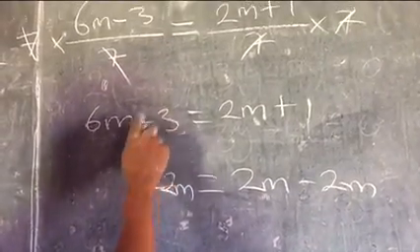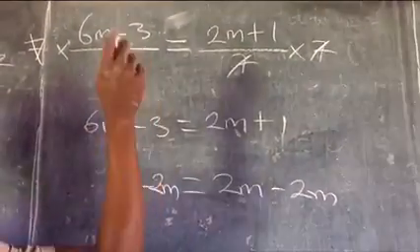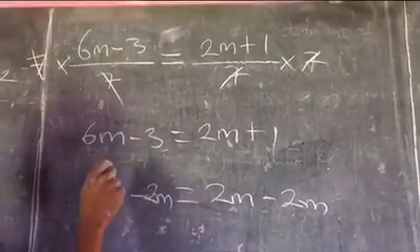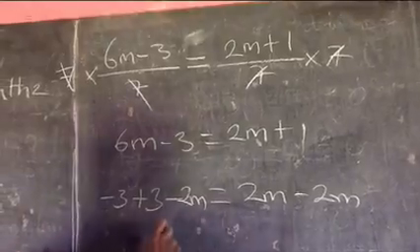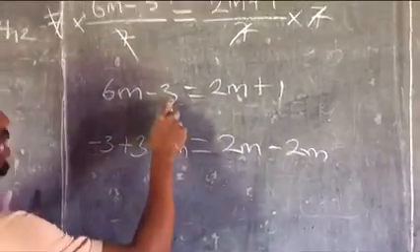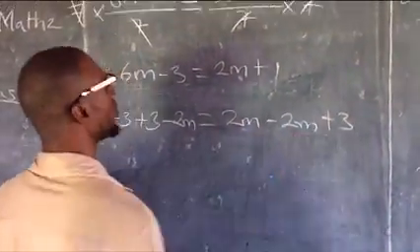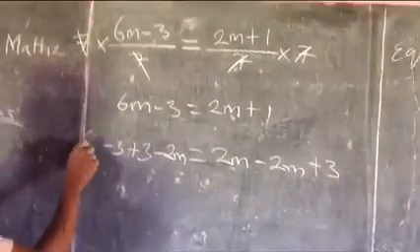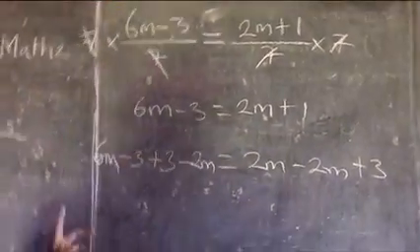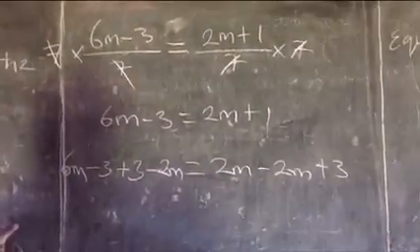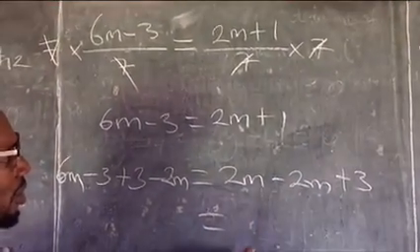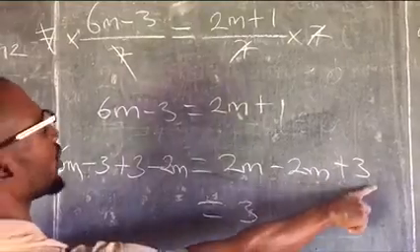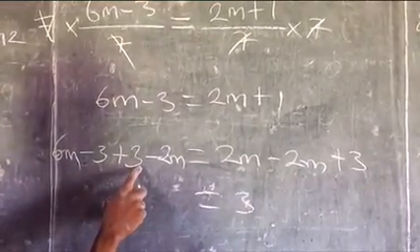Here I want to make this 0, so I add 3. I get minus 3 plus 3, and I add 3 here too, so I get 6m here. I hope they will not get confused. So this and this give me 0, and then 3 plus 3.